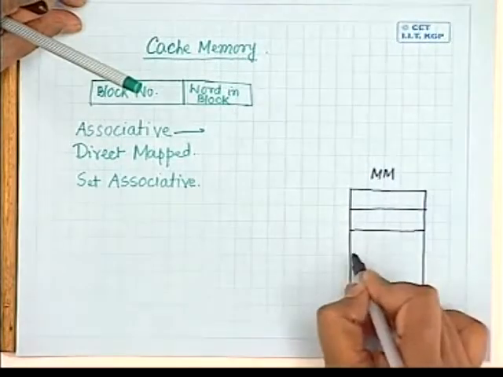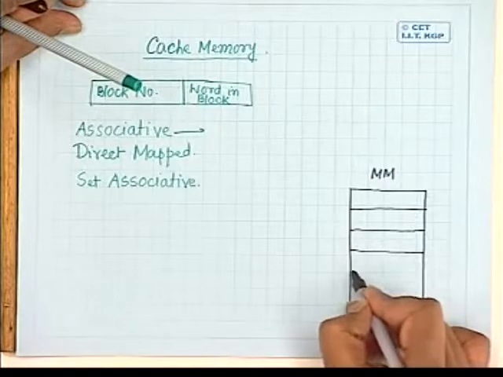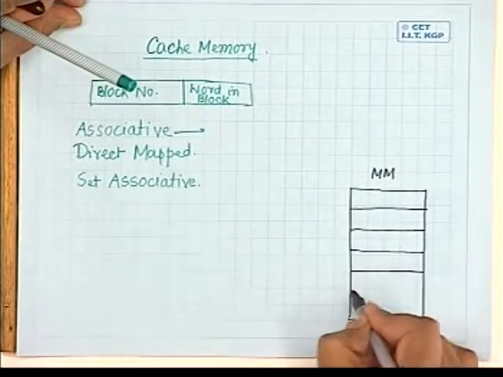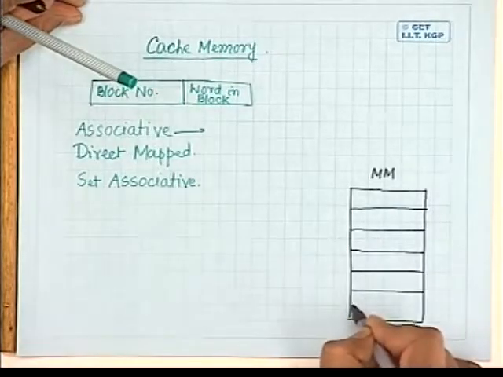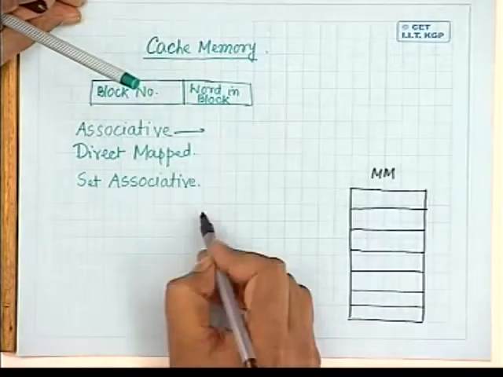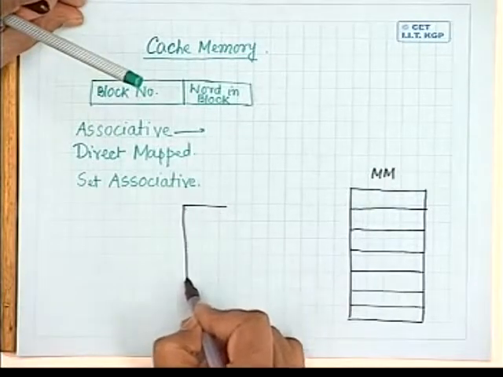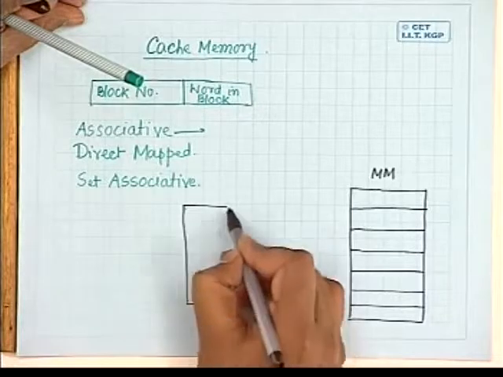Maybe these blocks are superimposed on the paging. That means every page can be divided into a number of blocks. When you come to cache memory, the cache memory also contains a number of blocks of the same size.